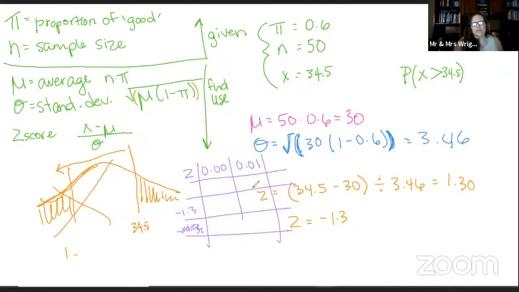Negative 1.3, and that is what you find under here. Now this 0 right here, you're going to be looking at the numbers in the columns over here. Since it's this 0, you're going to look for this number, which in this case happens to be 0.0968.